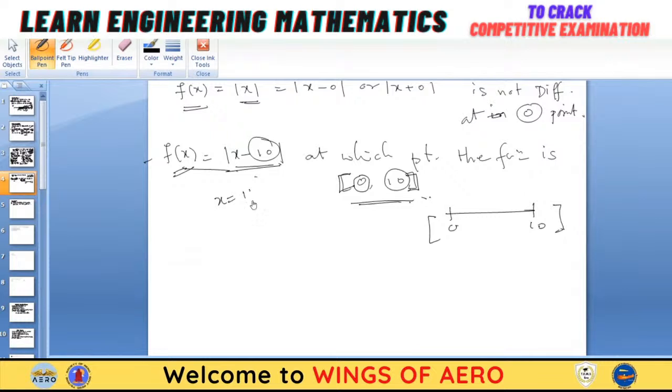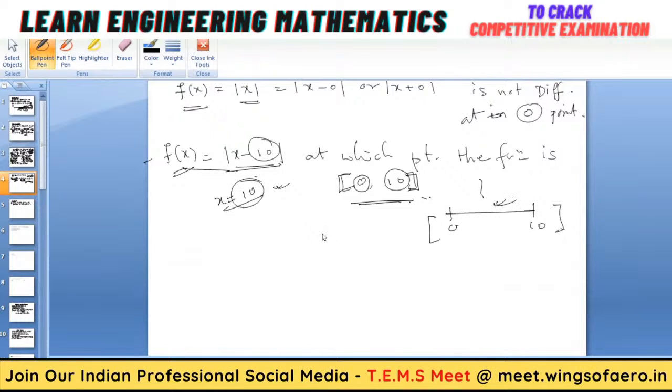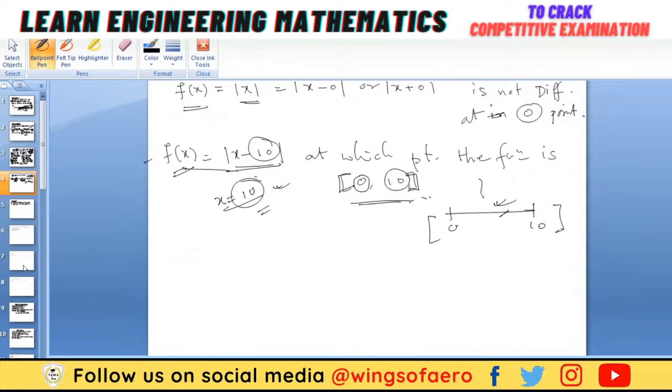You know that at x is equal to 10 this is not differentiable, and you need to check whether this point is included in this interval or not. If this point is included in this interval, then you can say yes, it is not differentiable, otherwise it is differentiable.